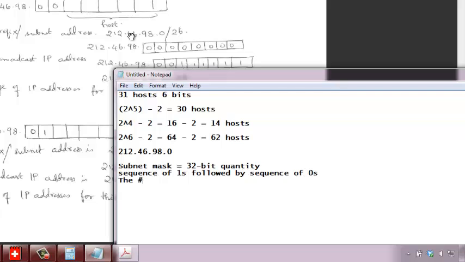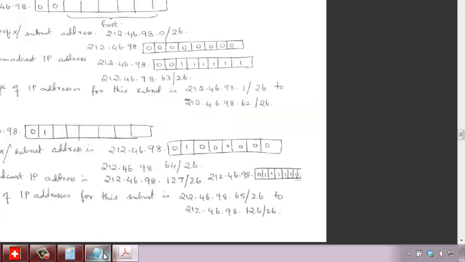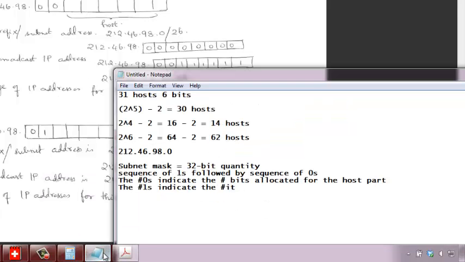The number of zeros indicates the number of bits allocated for the host part, which means the number of ones indicates the number of bits allocated for the network and subnet parts.